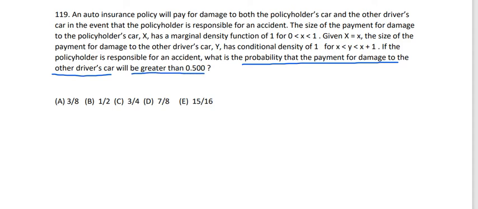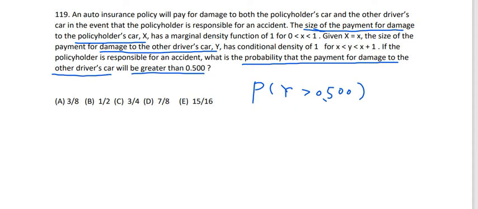Let's say this is the size of payment to the policyholder's car, X, and the damage to the other car is Y. So we want to find the probability that Y is greater than this.